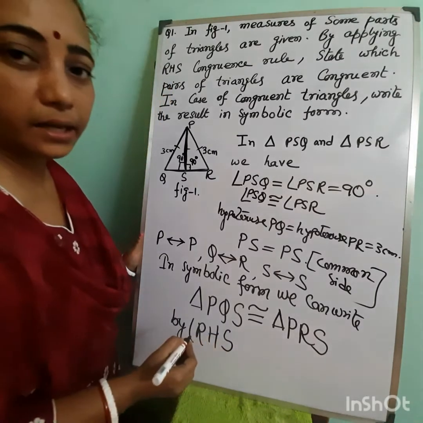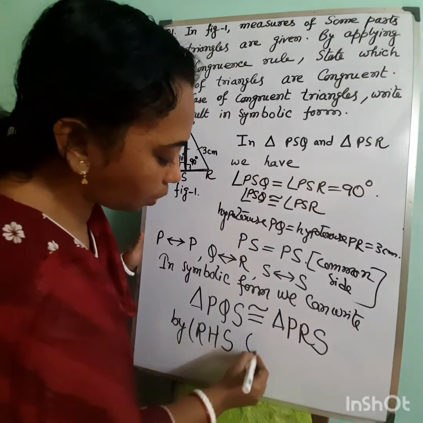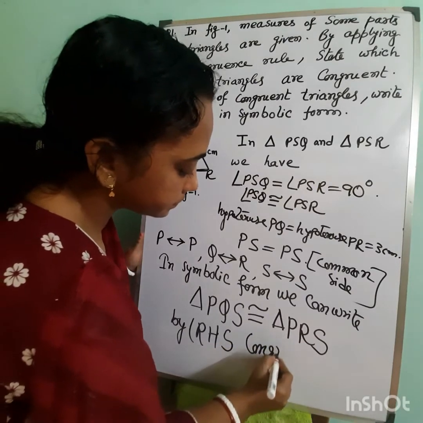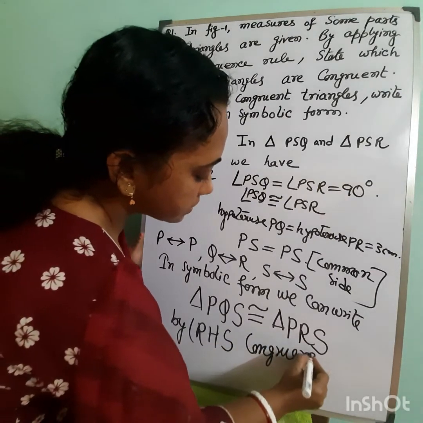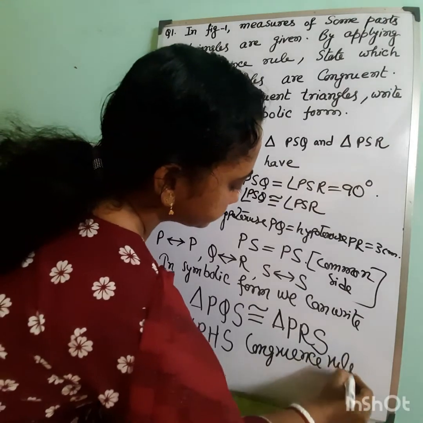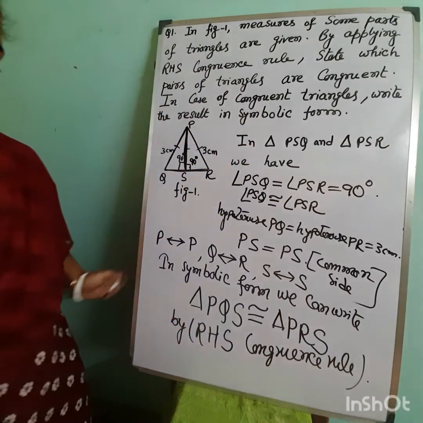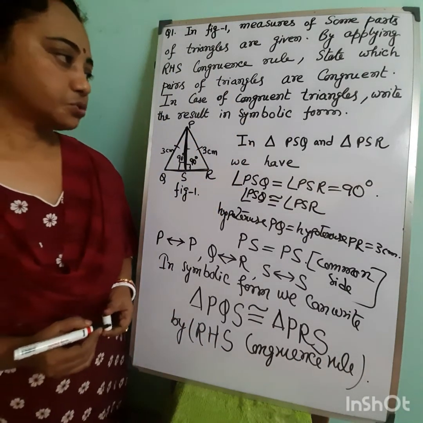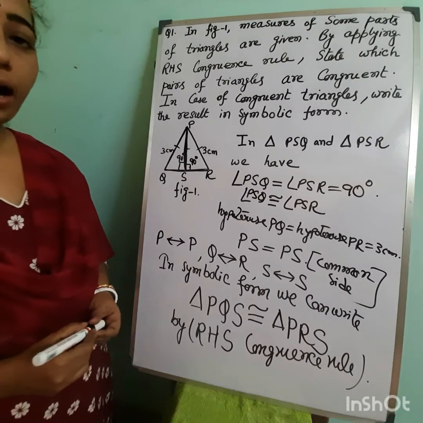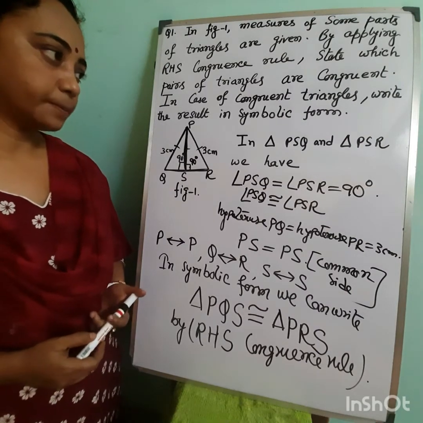RHS means right angle hypotenuse side congruence rule. So these two triangles are congruent by the RHS congruence rule.